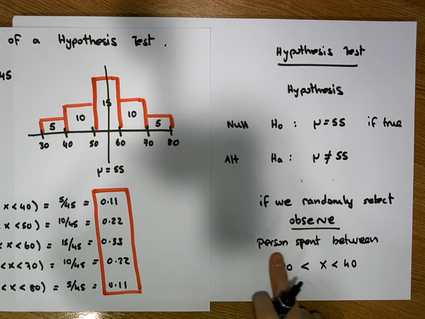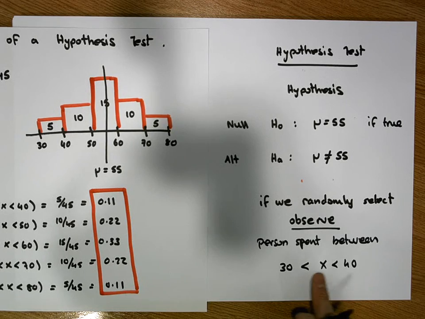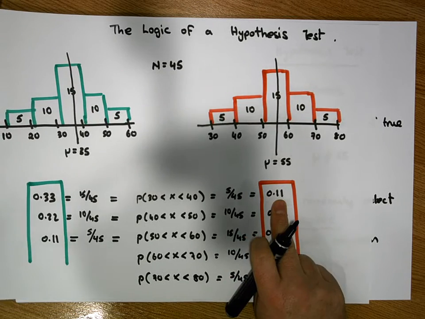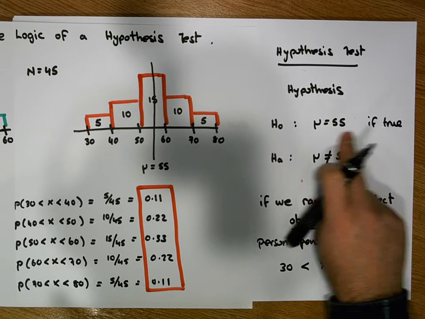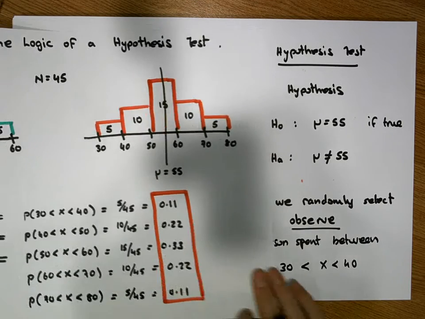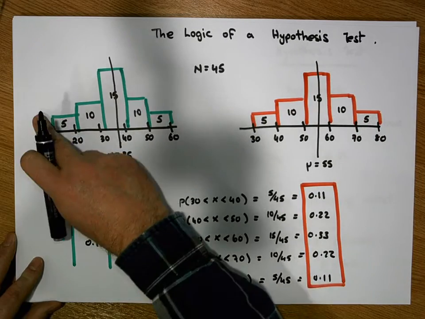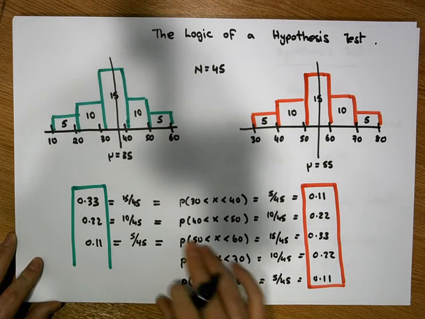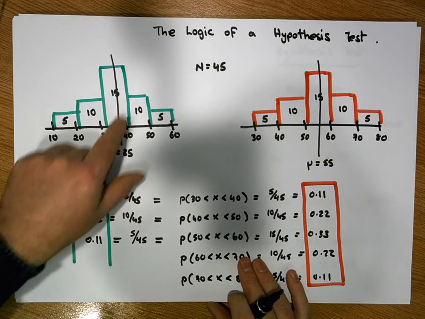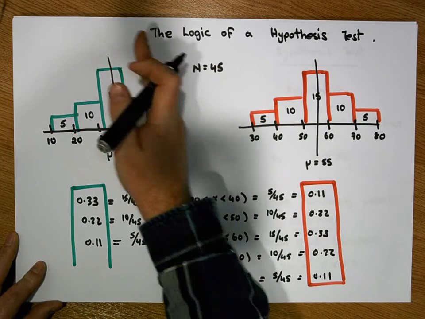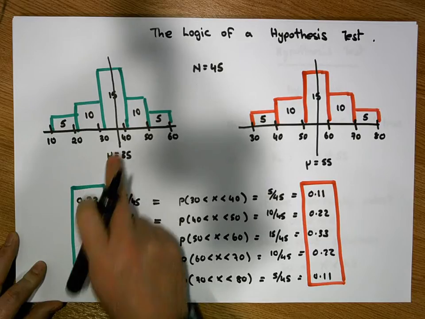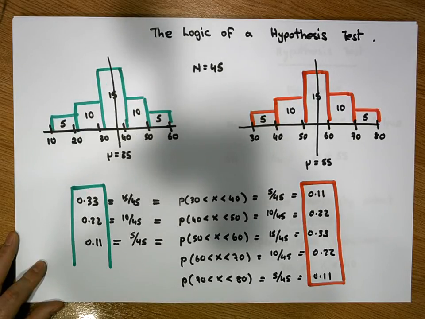And if what we observe is very, very small or unlikely, then we say that there's evidence to suggest that this is not the case, simply because there's more of a possibility that the distribution associated with our population is centered between 30 and 40, if that makes sense.